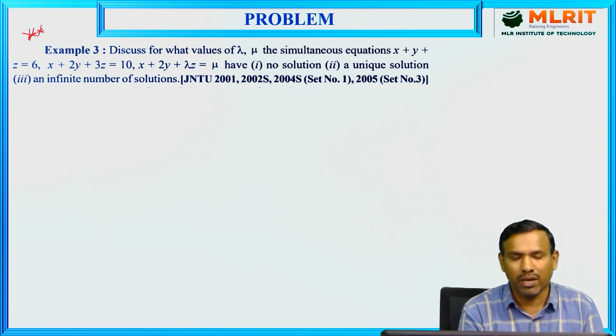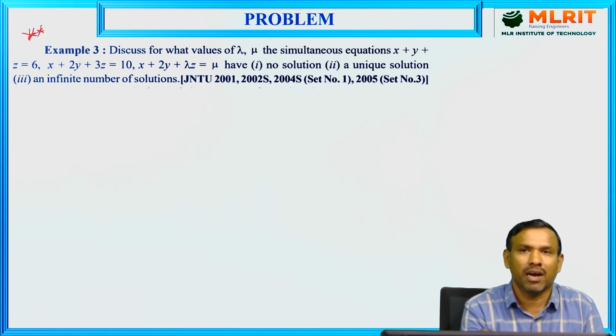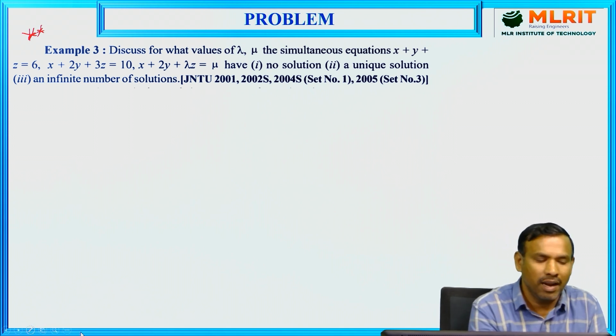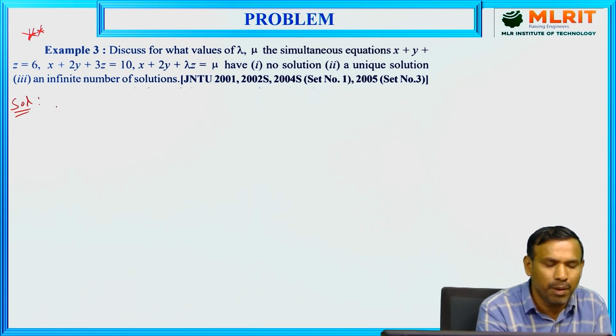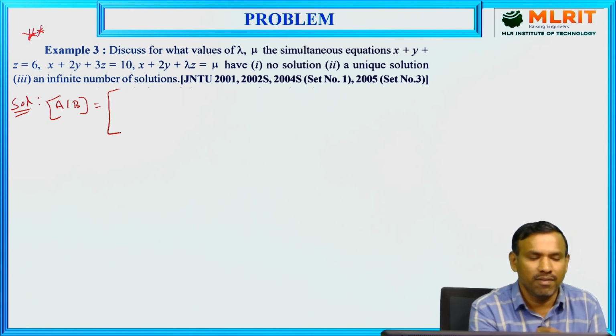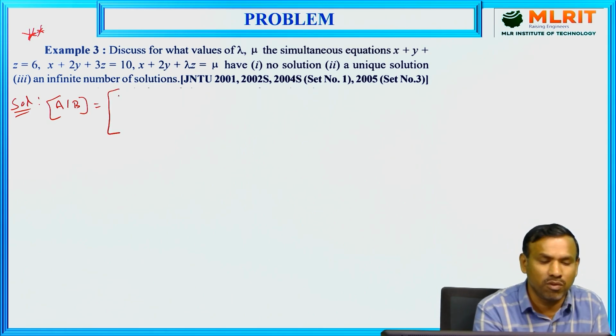Right? So here I am not writing A, X, B, that the students know very well. Now I will be taking the augmented matrix A|B and will solve the problem, just like the previous model problem. So directly I am taking the A|B matrix. A|B matrix means coefficient matrix and RHS matrix together. First equation x plus y plus z is equal to 6 means 1, 1, 1, 6.